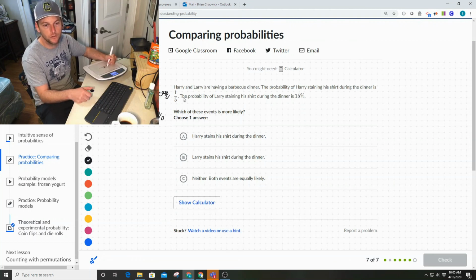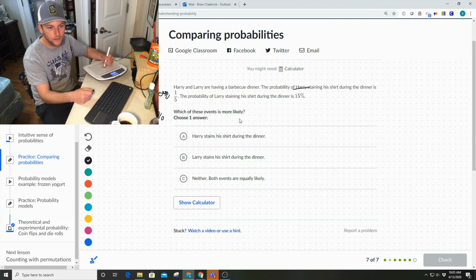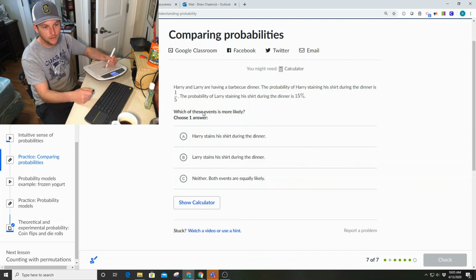Well, of course it is. So who's more likely to stain their shirt during dinner? It looks like it's Harry. Be careful. Probably don't sit next to them, because if they're staining their shirts, they might be spilling stuff everywhere else. So the question is, which of these events is more likely? Choose one answer. And so we're going to say Harry stains his shirt during the dinner.